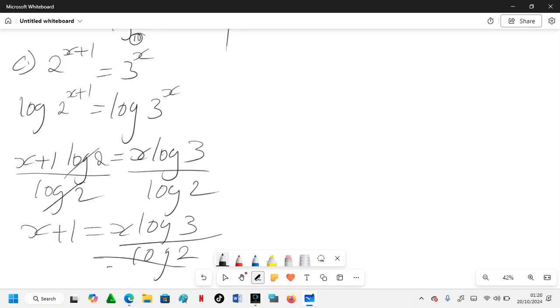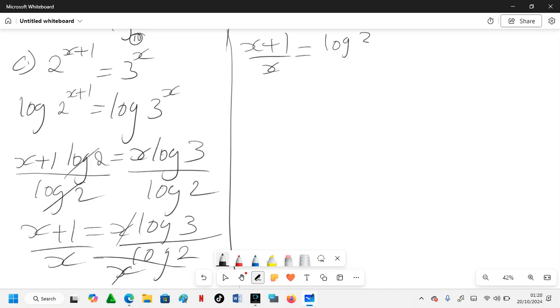Can again divide both sides by x, so that we have x plus 1 over x is equal to log 3 over log 2.